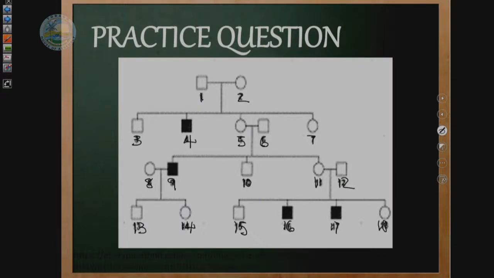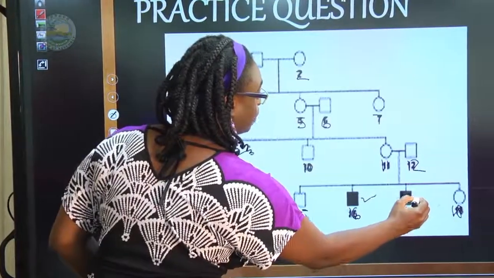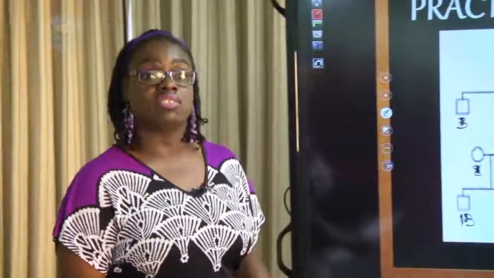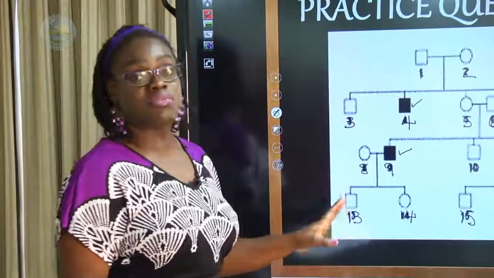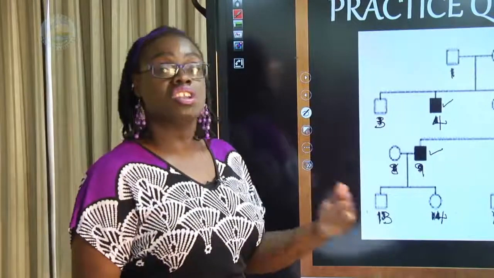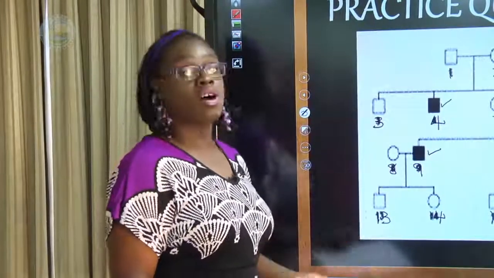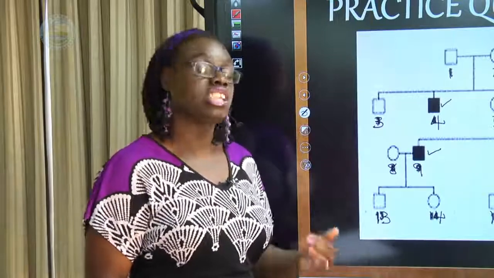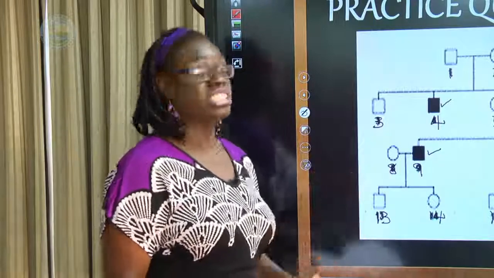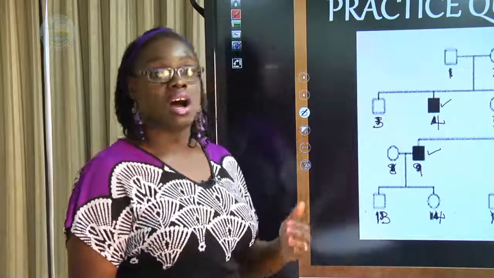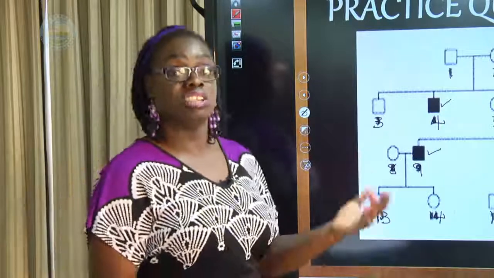One answer that we can give, if you look at the diagram, is that persons 4, 9, 16, and 17 all have the disease of cystic fibrosis. However, most of the individuals in this pedigree chart do not have the disease. So one response could be that, by the sheer numbers of persons who don't have the disease, we can assume that cystic fibrosis is not a dominant allele trait, but a recessive one.